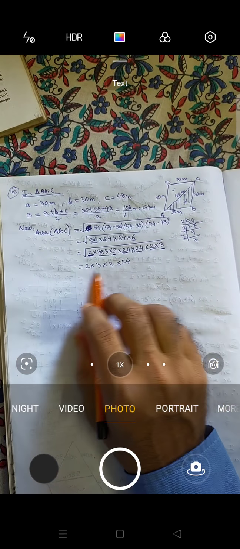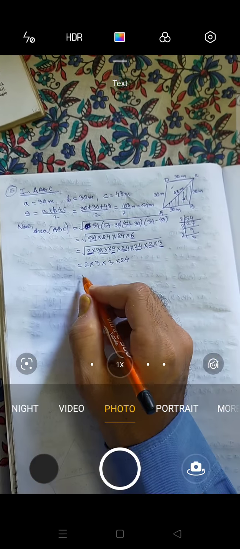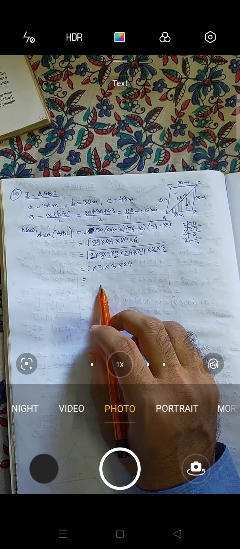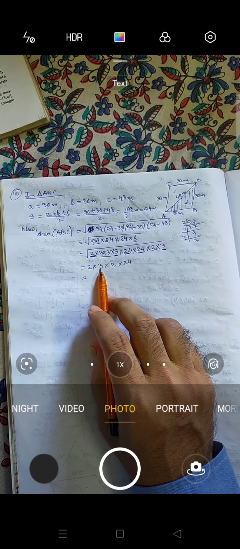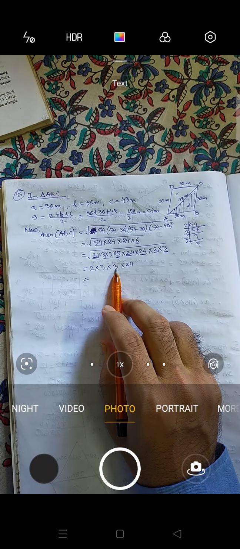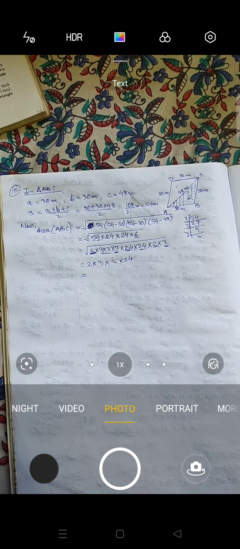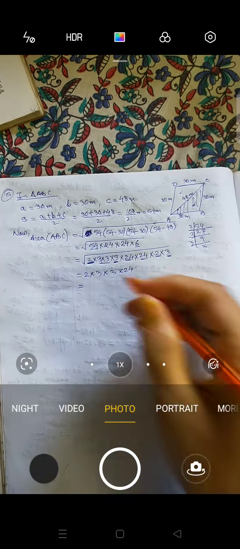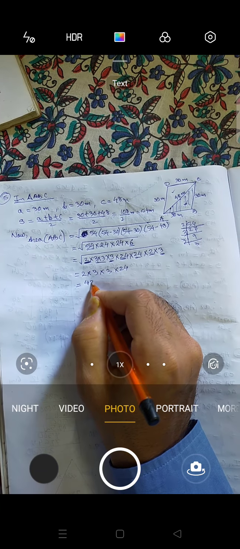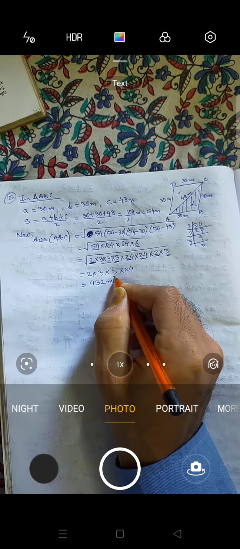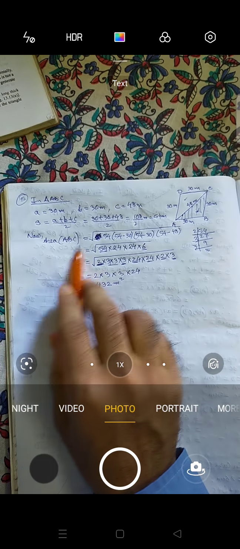No. Then multiply this: 2 3s are 6, 6 3s are 18. 18 into 24. Just multiply and check what you are getting. After multiplying, we will be getting 432 meter square. Now this is the area of the triangle.